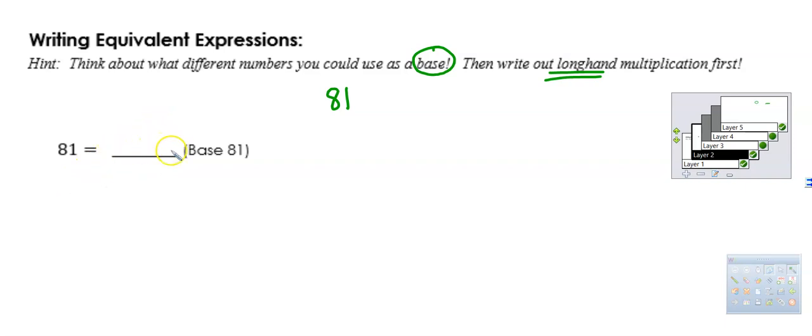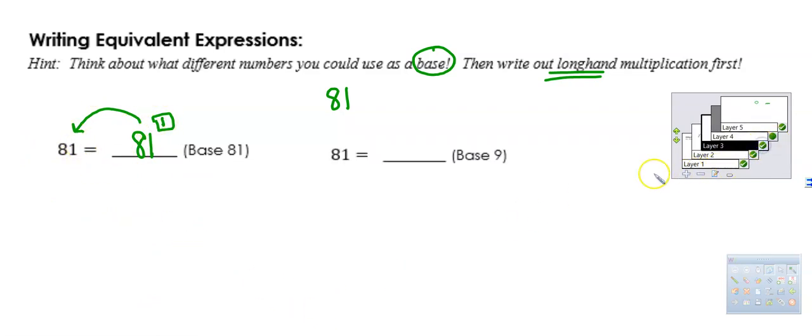So if you want to get 81 in standard form, you have 81. What power would have to go here so that when you worked it out, you got 81? The answer is 1. So 81 to the first power is 81. That one was pretty basic. It's another way to write 81 in exponential form. But what if I change the base?